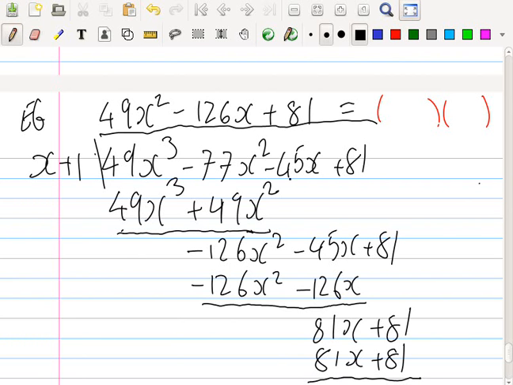Oh, your calculator's in an annoying mode. Give me that one. 0. It's 0, is it? Yeah. So the delta is 0, which means there should only be one solution. But you could factorize this.